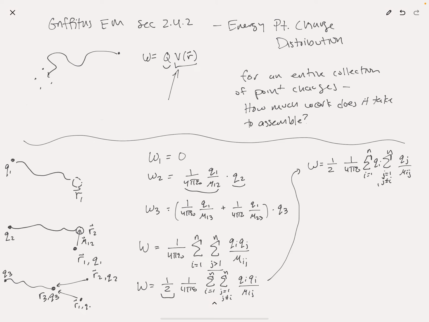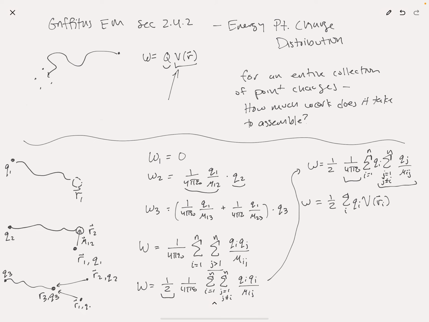This bit combined with this bit is the potential at Ri. So W equals 1/2 sum over i of qi V of Ri. By starting with zero charges, we brought them in one at a time and calculated the work required to bring in each charge.